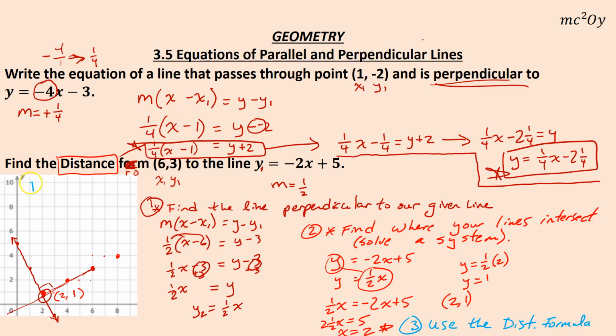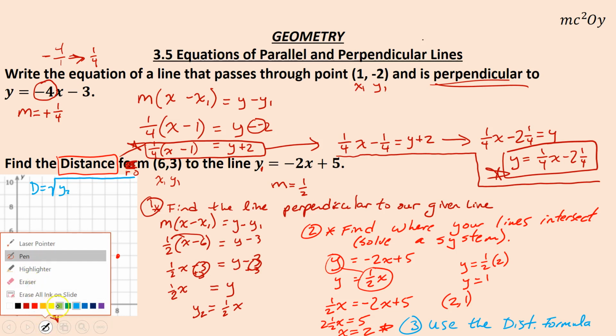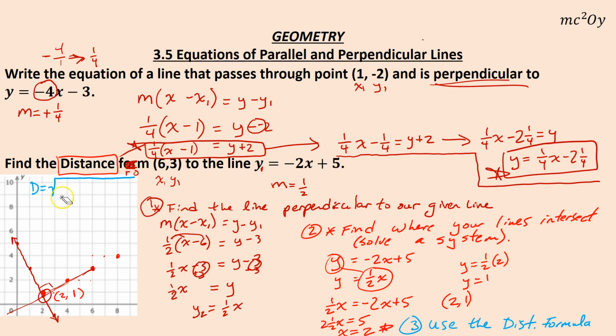So I'm going to write that right here. D is equal to the square root of (x2 minus x1) squared plus (y2 minus y1) squared.